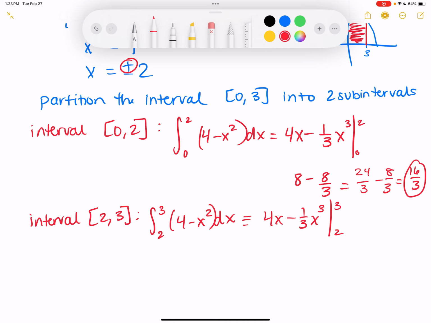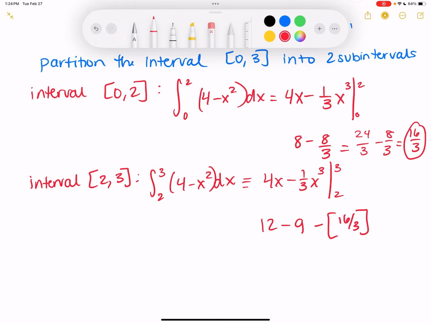So I've got 12 minus 27 divided by 3, so 9, minus, I would bracket this part off so you don't get the signs wrong. We've already evaluated it at 2, so I can basically get out of having to do it again. So this is 3 minus 16 over 3. So 9 over 3 minus 16 over 3 would be negative 7 over 3.